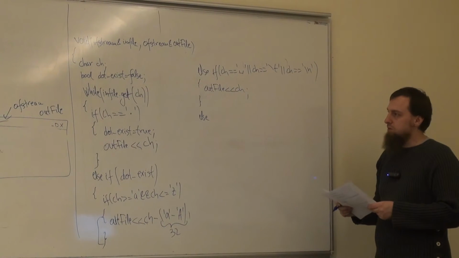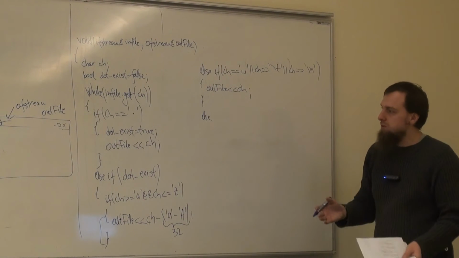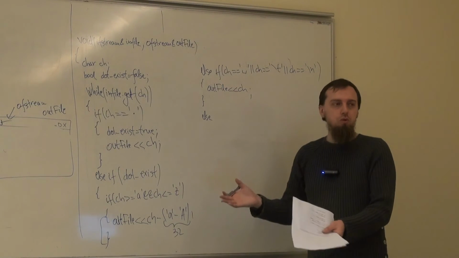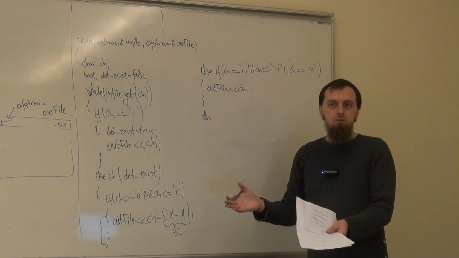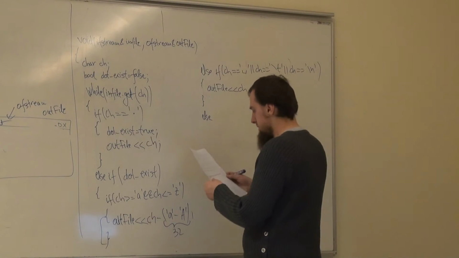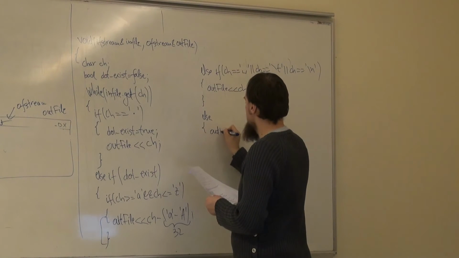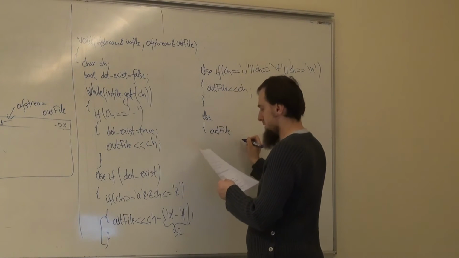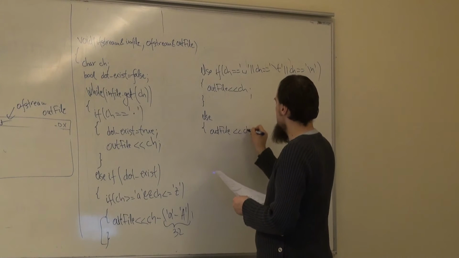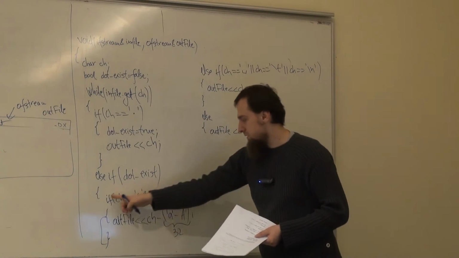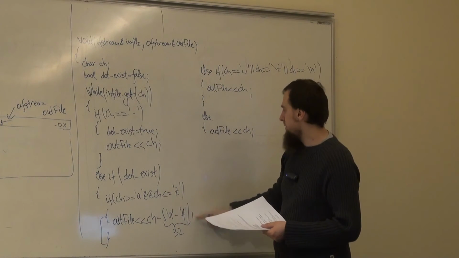We don't have numbers. Or even if we have numbers, we have uppercase letters. If it's the case, what should we do with that? Exactly. Else, just write them. Out file, the character, meaning that if the dot exists, we have dealt with this one.